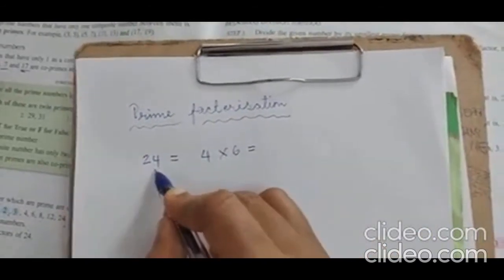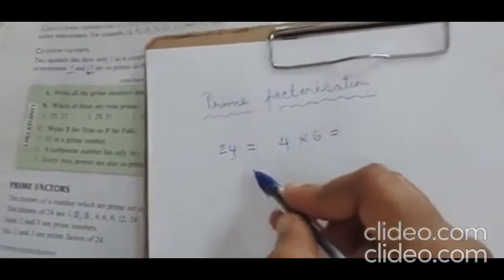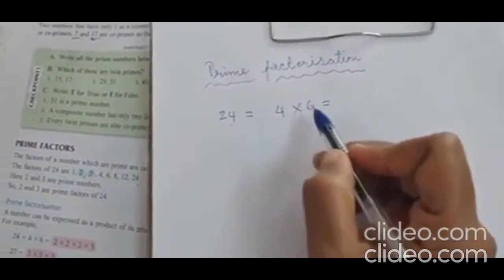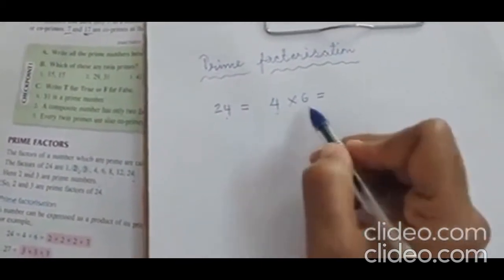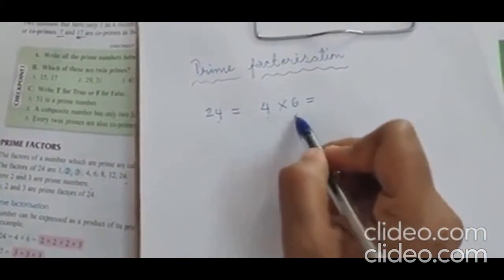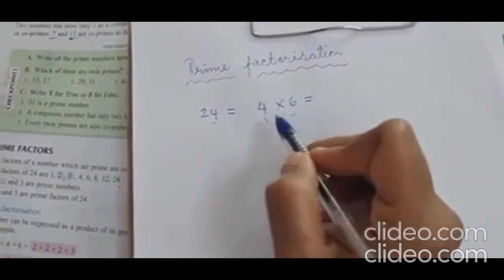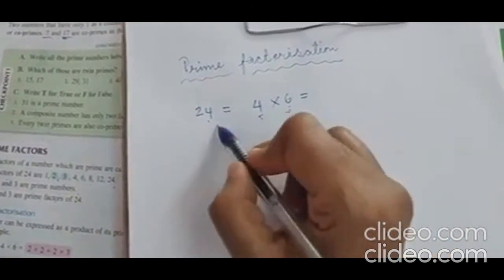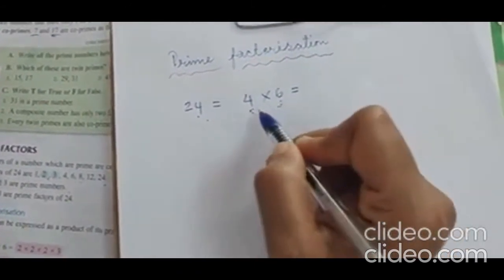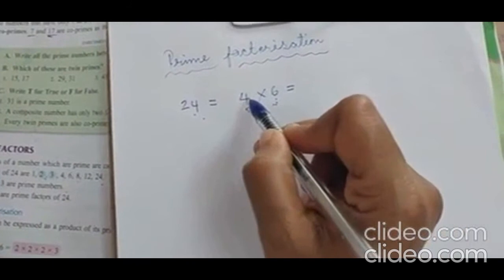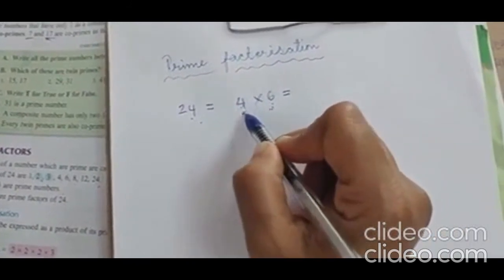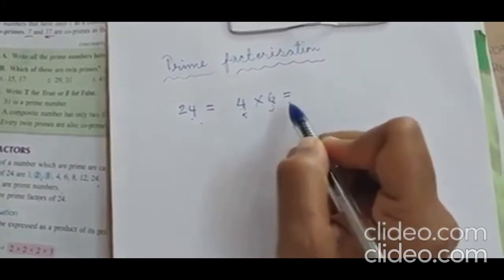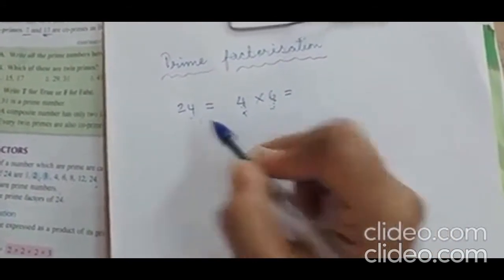In this 24, we have to find out how we can multiply. These two are the factors. For example, 4 times 6 is 24. Further, we can make this factor into a smaller number, and this 6 also into a smaller number. If you multiply, we should get 24.